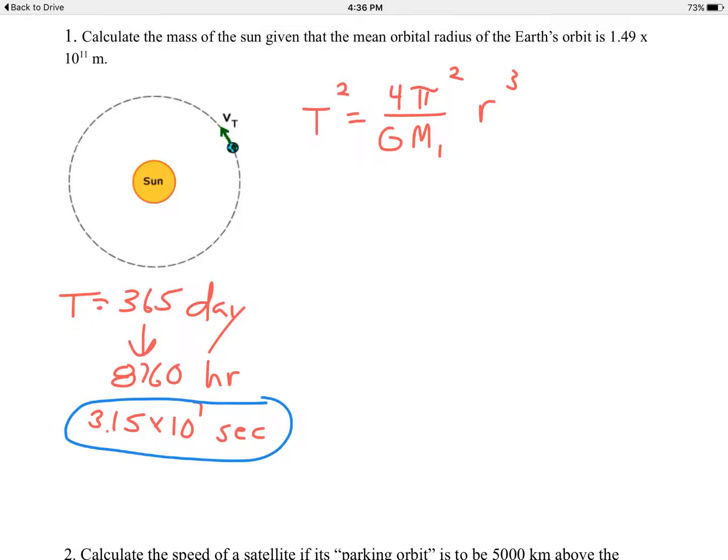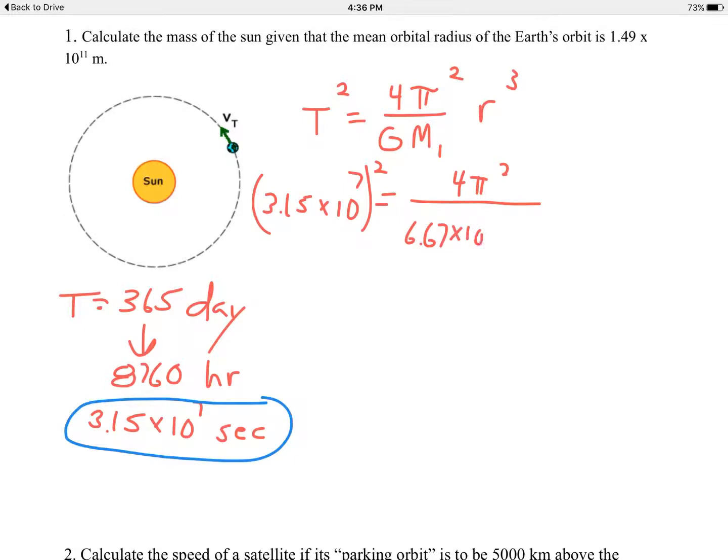If I plug that in for T, it's going to get a little messy. 3.15 times 10 to the 7th, squared, equals 4 pi squared over G, which is 6.67 times 10 to the negative 11th. That'll always be given to you.